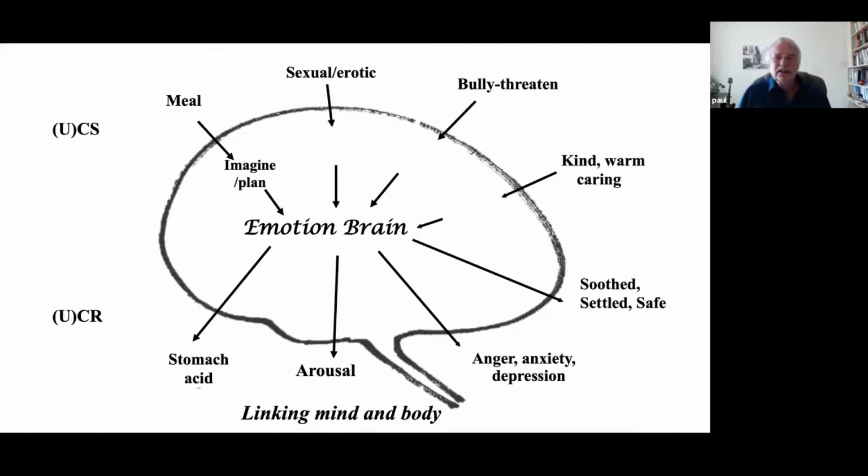If you're a vegetarian, it might be a stuffed pepper. Oh, time for a stuffed pepper. That will stimulate these biological pathways. Keep in mind that you can turn on these biological pathways by what you imagine, and this is going to be absolutely crucial when we come to compassion.